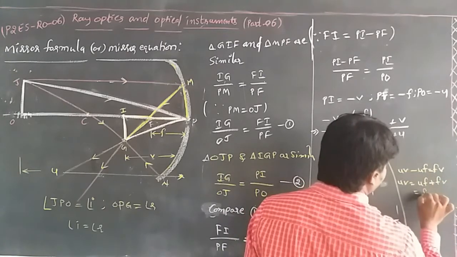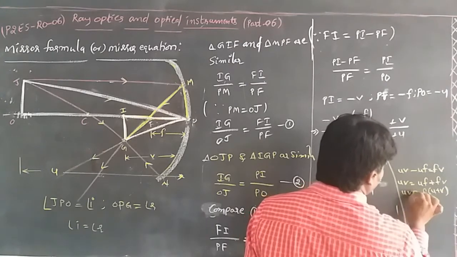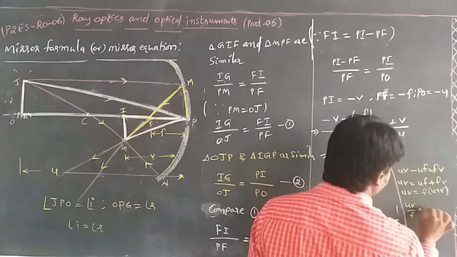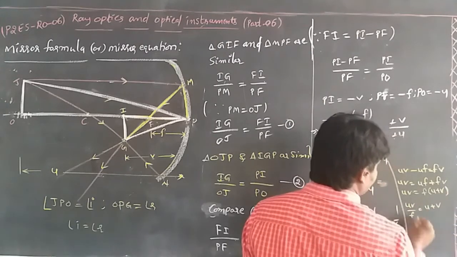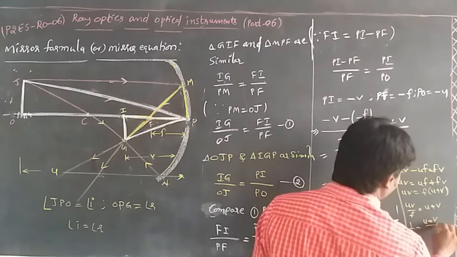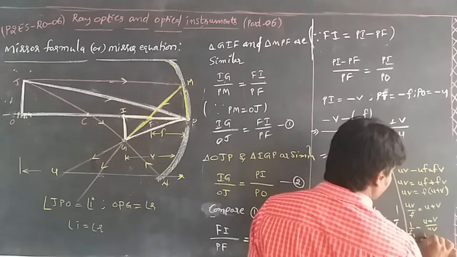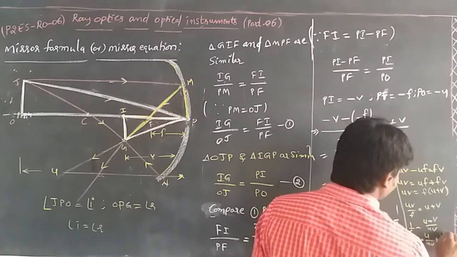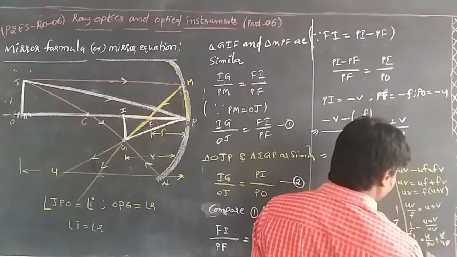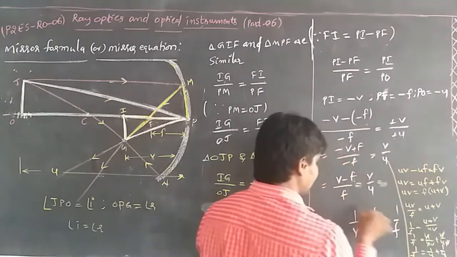Taking f common, uv is equal to f times (u plus v). So uv by f is equal to u plus v, and 1 by f is equal to (u plus v) by uv. Writing individually, 1 by f is equal to u by uv plus v by uv. The u and v cancel, so we get 1 by f is equal to 1 by v plus 1 by u.